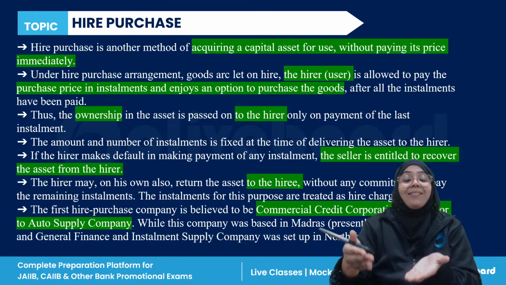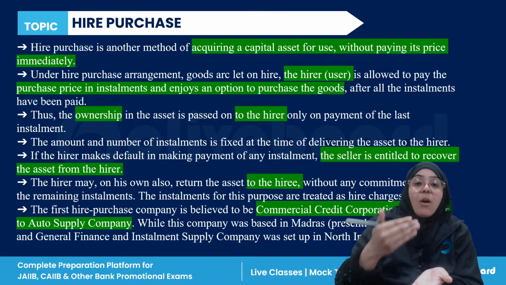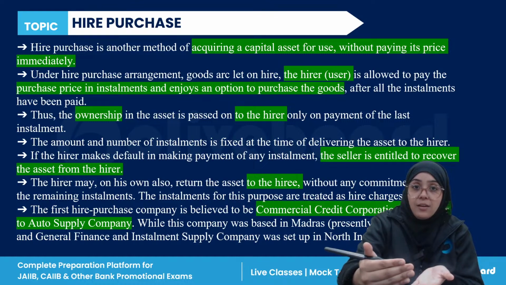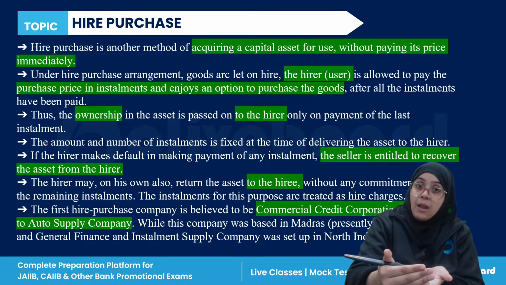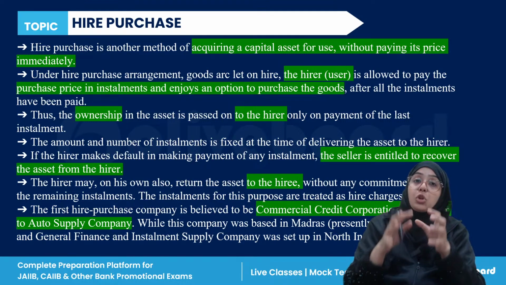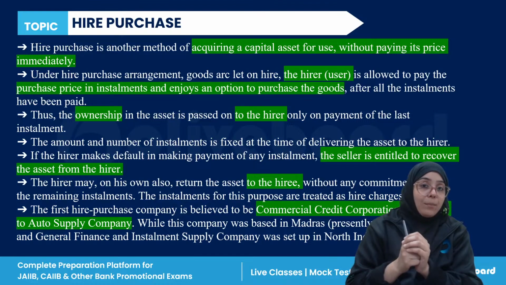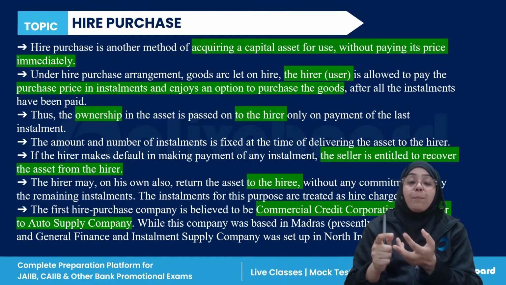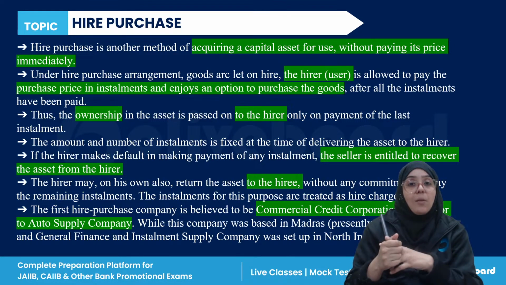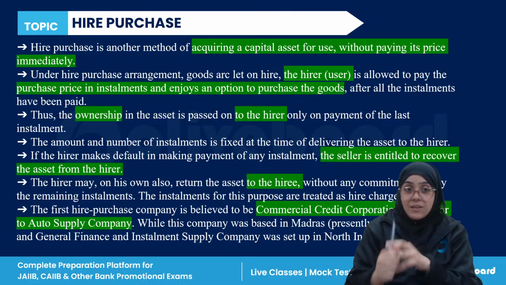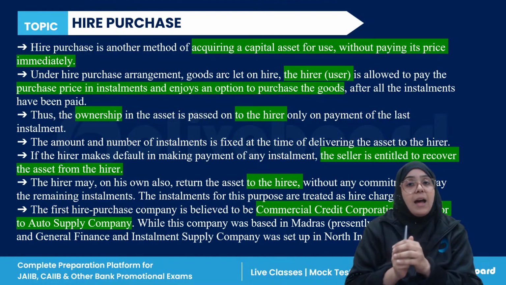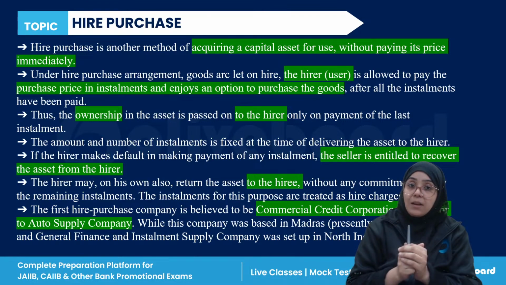This allows me to pay the price in installments while I have the option to use that asset also. Then it is known as a hire purchase arrangement, right?